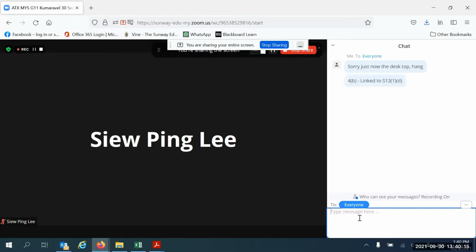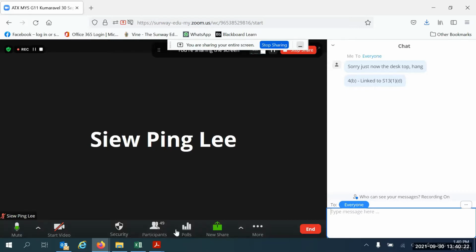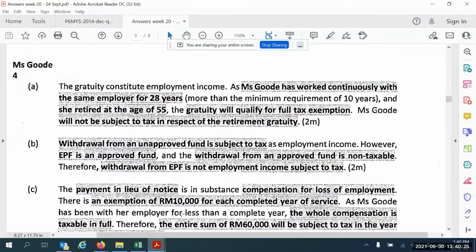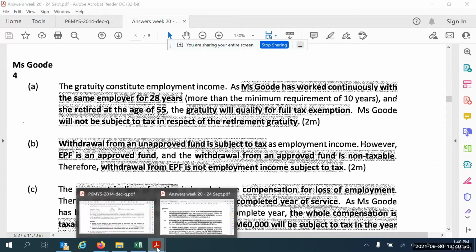The others are quite simple, like EPF is an approved fund, withdrawal from an approved fund is not taxable, and so on. Now the third one is more challenging.